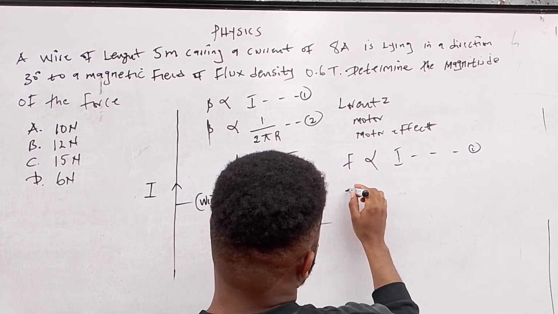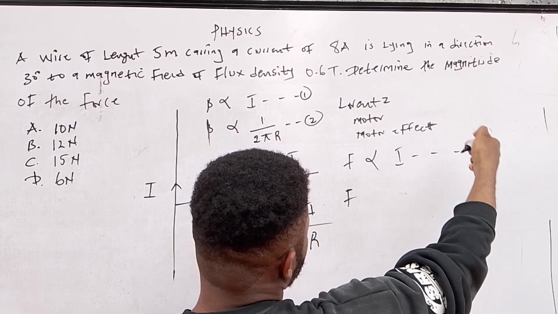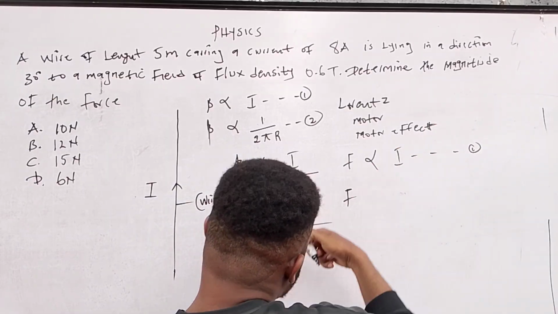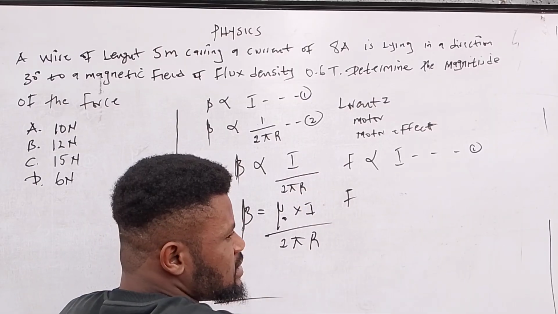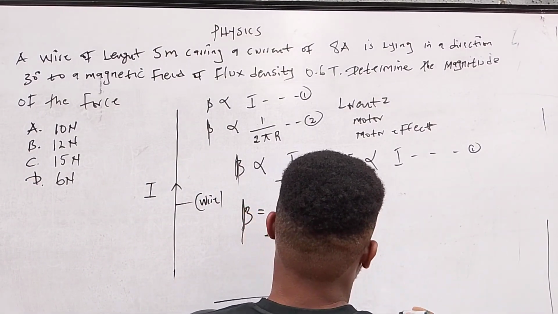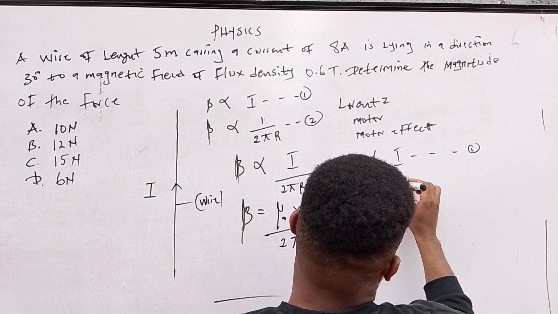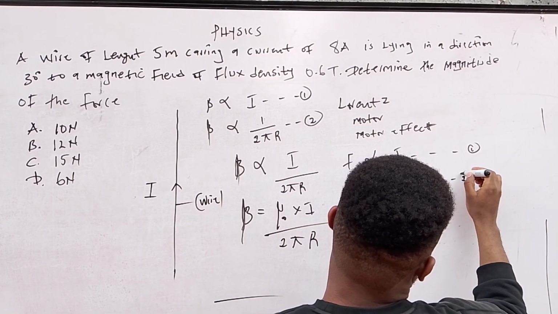Again, we said the force, or the Lorentz force, or the motor force or motor effect experienced by the conductor carrying a current that is placed across a magnetic field, varies directly with the magnetic field. I will call this one equation 2.